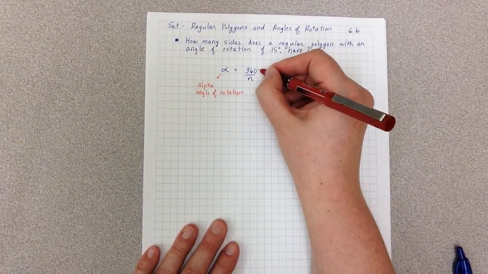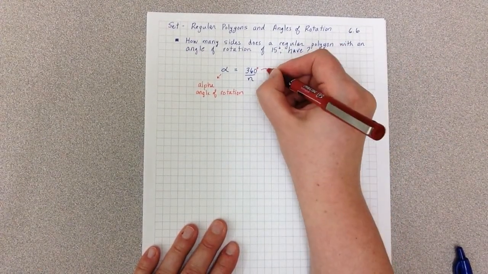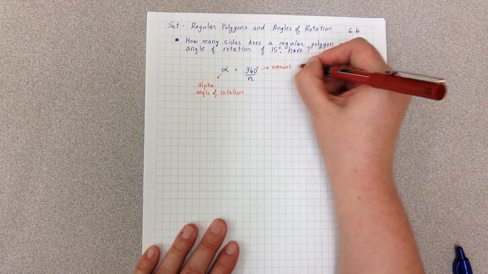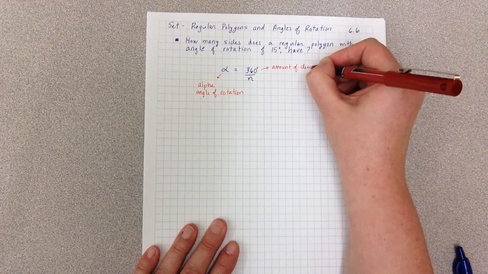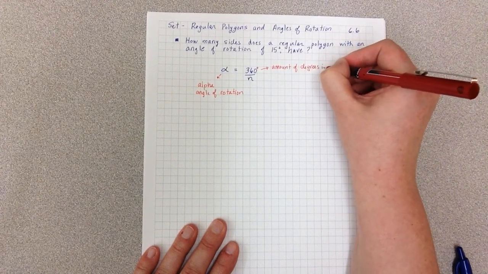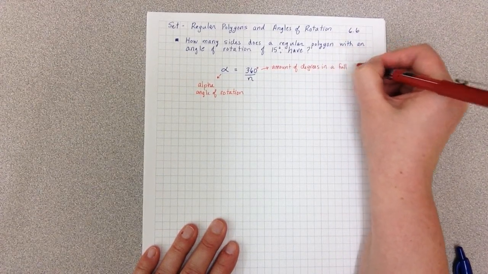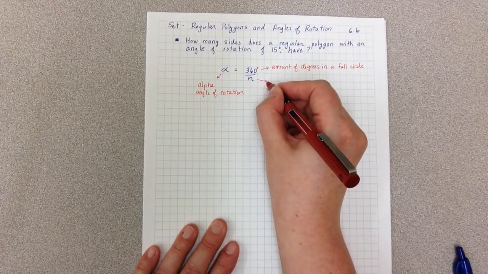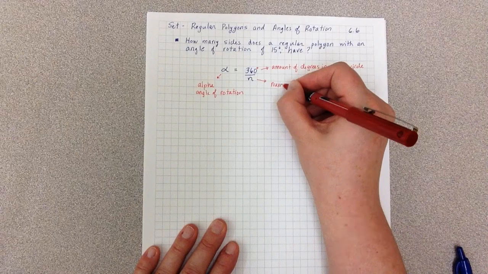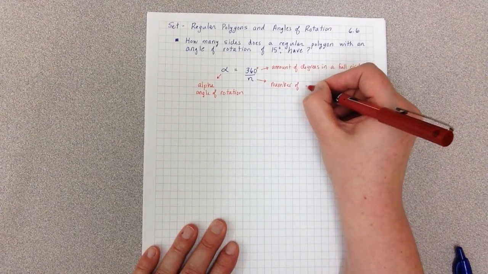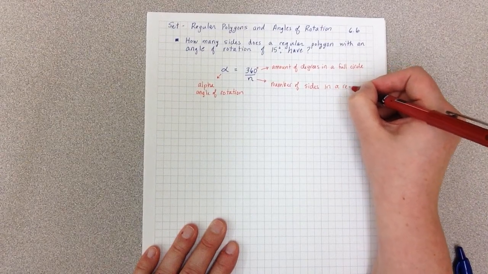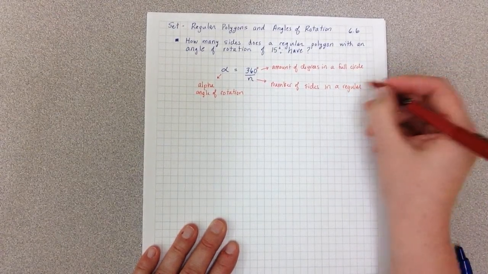The 360 is really 360 degrees, and it is the amount of degrees in a full circle. And lastly, the n stands for number of sides in a regular polygon.